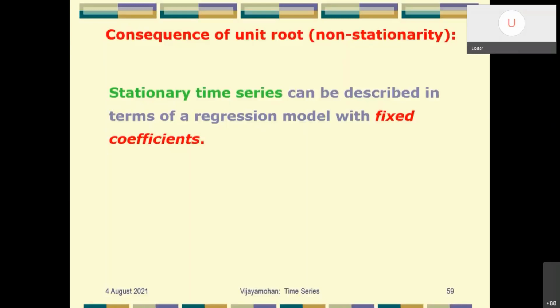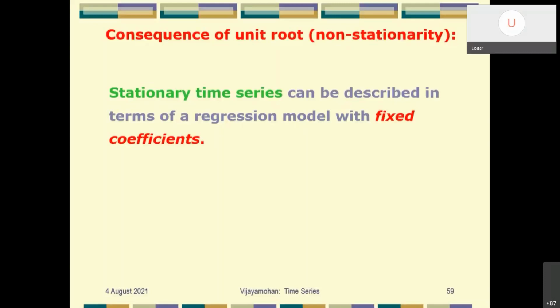So in finding unit root, therefore, we will have several options. If we have a trend, then we have to remove the trend and find whether there is a unit root or not. There are some options. When we come to the unit root case in the workshop, I will show you that.